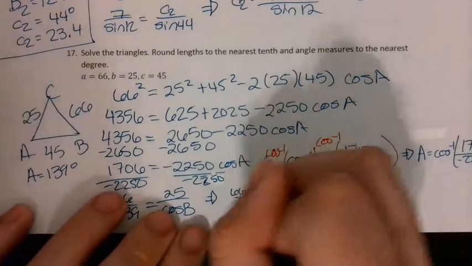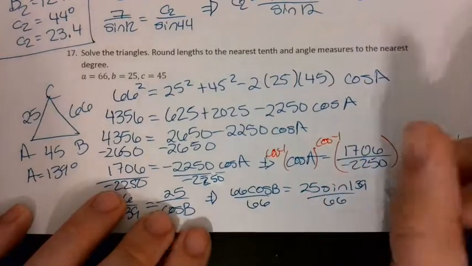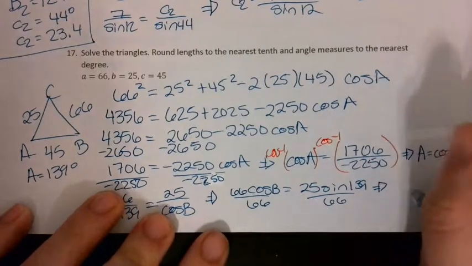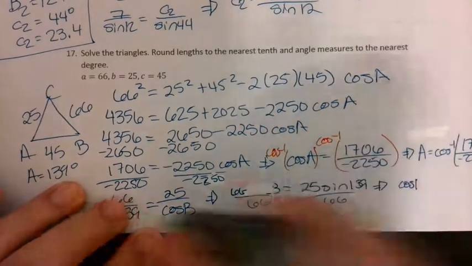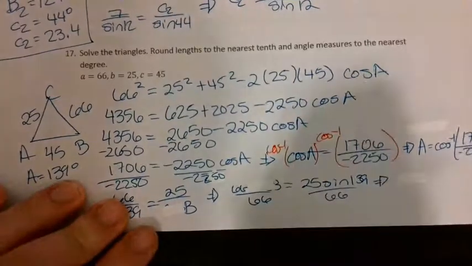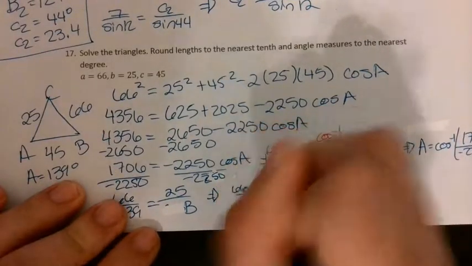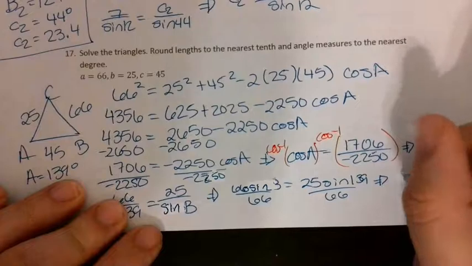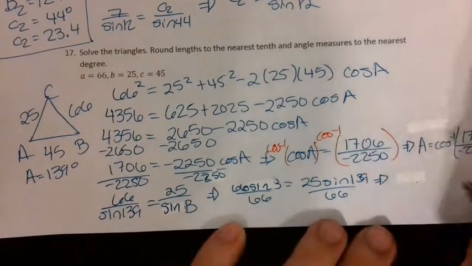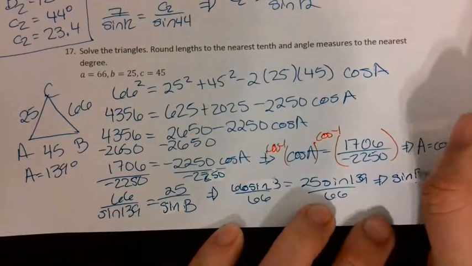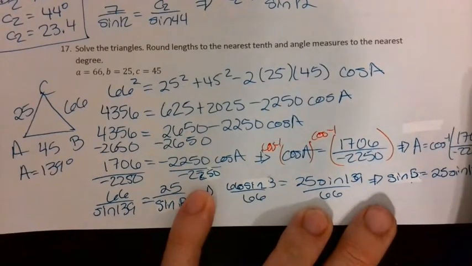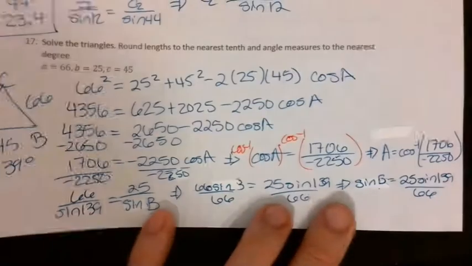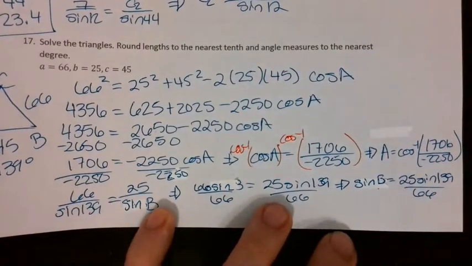Then I want to divide both sides by 66. Okay, so I end up with sine B equals 25 sine 139 divided by 66.